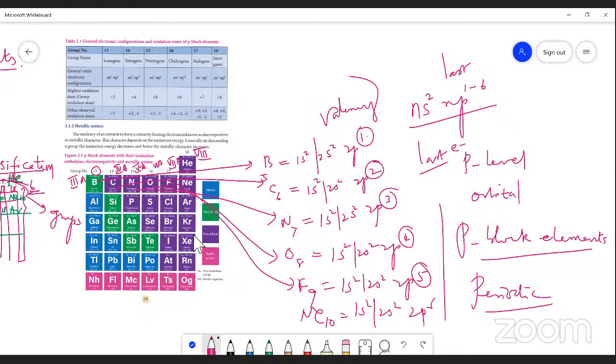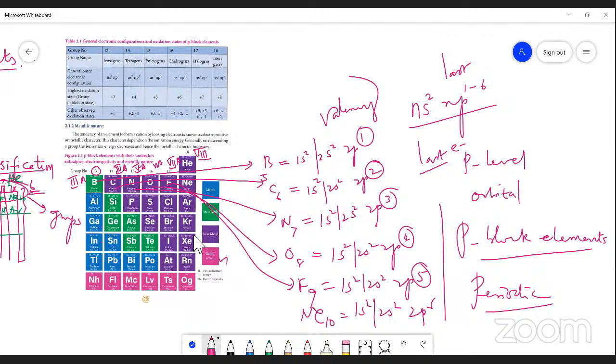So the properties of these elements are correlated and associated with the elements belonging to all these categories of 13, 14, 15, 16, 17 and 18 groups. Now you come to know very clearly, the oxygen family is nothing but oxygen, sulfur, selenium, tellurium, polonium.